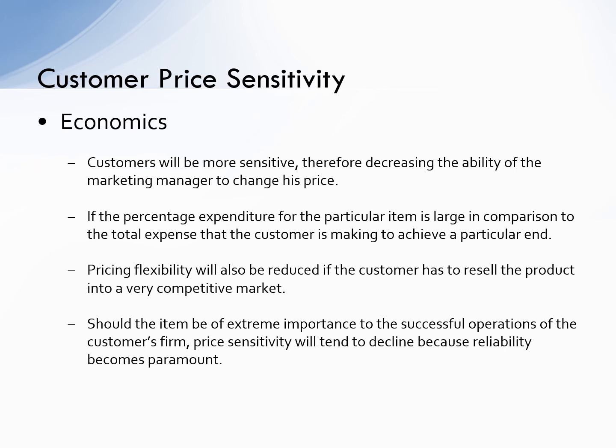Pricing flexibility will also be reduced if the customer has to resell the product into a very competitive market. Should the item be of extreme importance to the successful operations of the customer's firm, price sensitivity will tend to decline because reliability becomes paramount in the business to business market.